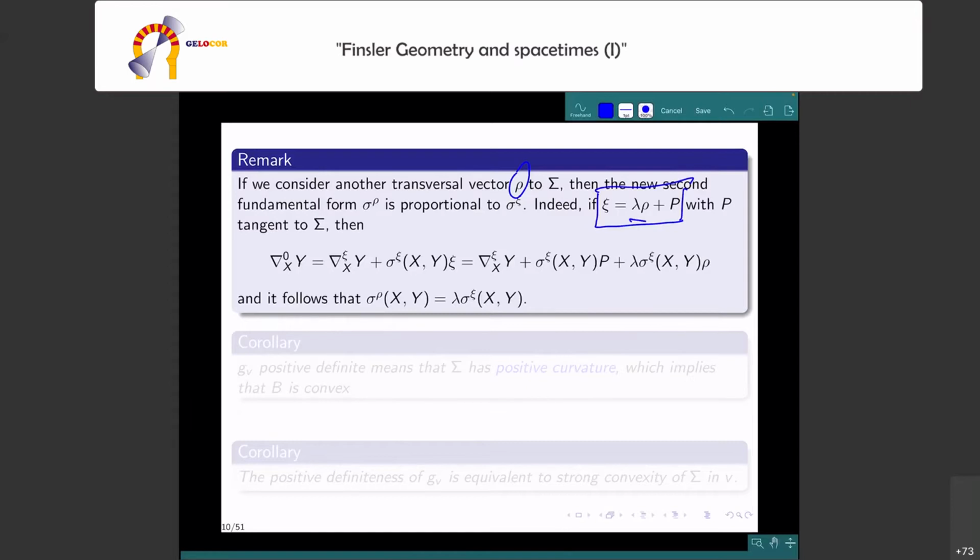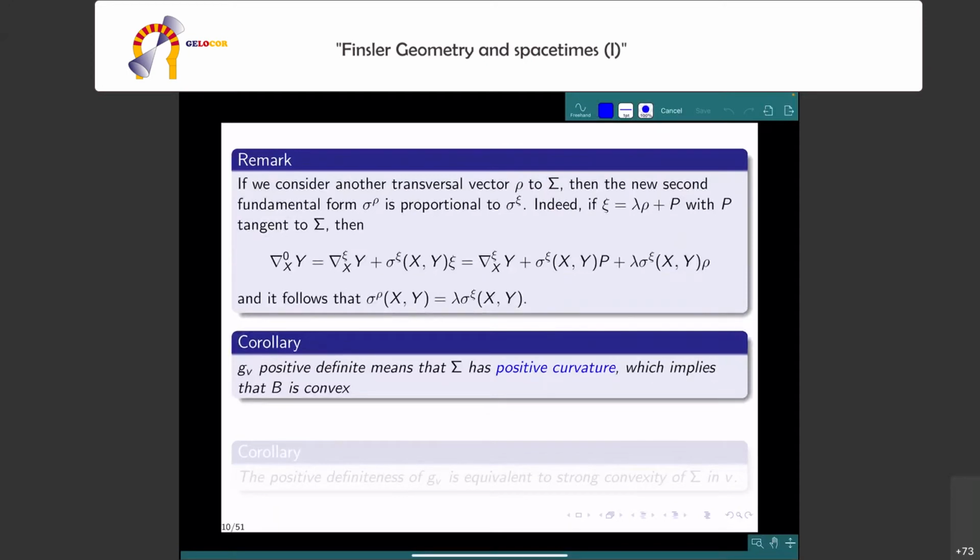Making use of this relation, it gives two terms: one tangent to the hypersurface, and the other proportional to rho. The second fundamental form is exactly this part here. So the second fundamental form associated with the transversal vector rho is just lambda times sigma psi in xy. It's proportional to the first one.